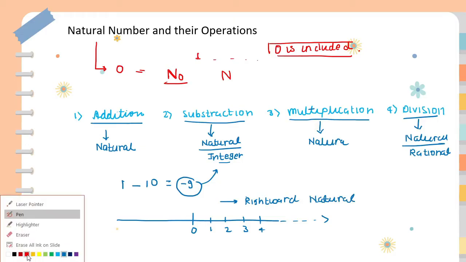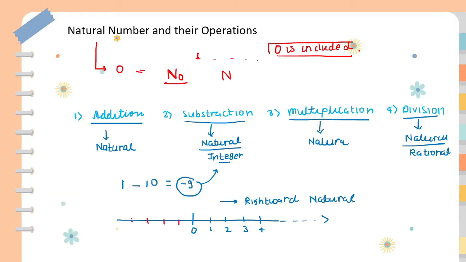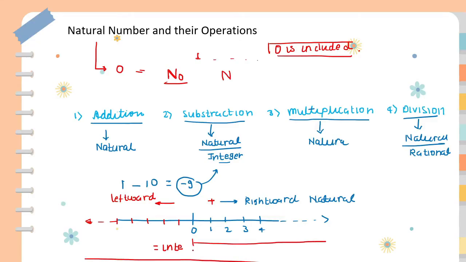And from 0 to the left, all the numbers which lie to the left of 0 and to the right of 0, including 0, are called integers. Particularly, from 0 onward all these points are natural, but from minus infinity to plus infinity are called integers. So now we have an idea about integers also. Additionally, we will restrict ourselves from rationals.